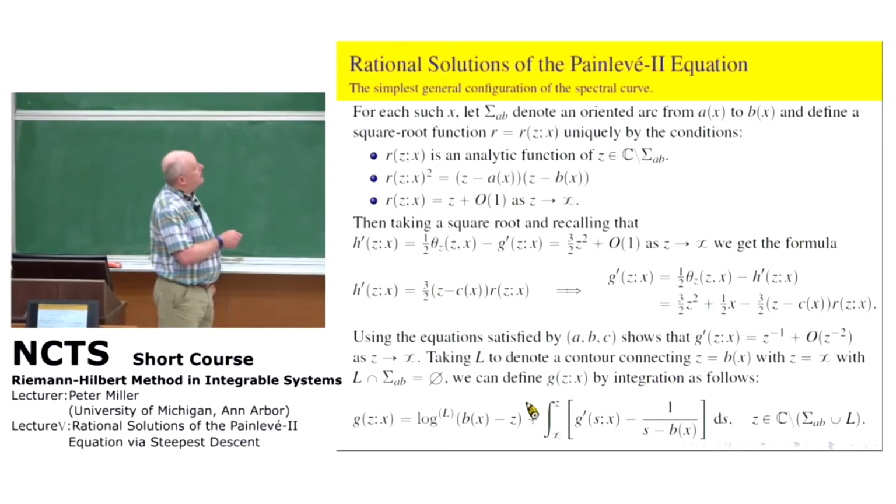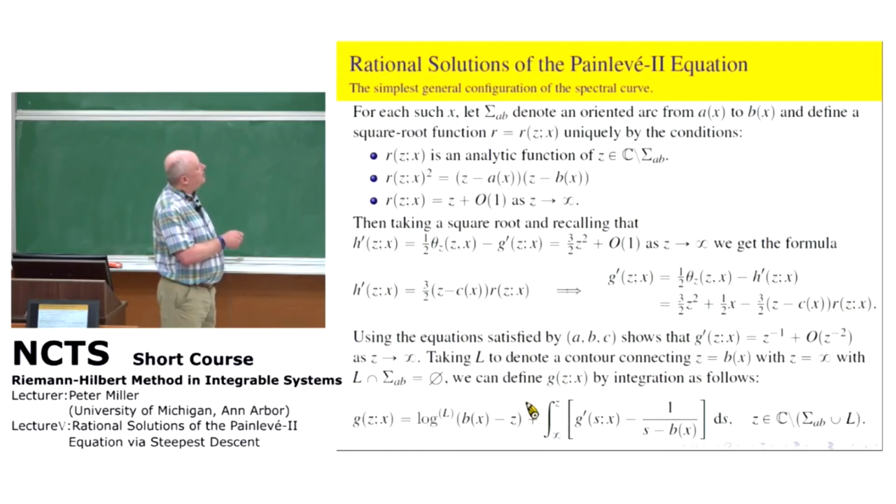So for each such point x in the complement of that 3-segment contour, suppose that sigma AB is just some oriented arc from A of x to B of x, and we're going to define a version of the square root, which we saw yesterday already. This function r stands for root. It's a function of z that depends parametrically on x and is determined by these conditions.